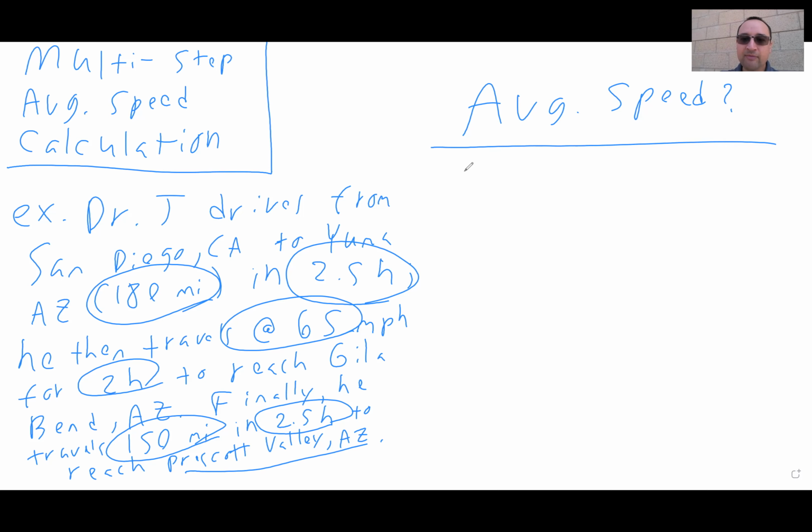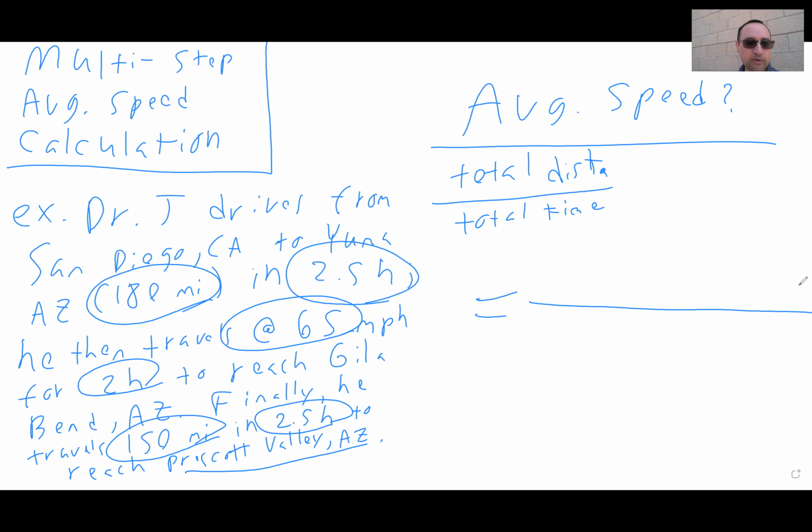If we just understand that average speed is total distance over total time. So what's going on? What's our total distance? Our total distance is gonna be the sum of all the little distances. So 180 miles to start with, plus 65 miles per hour for 2 hours.